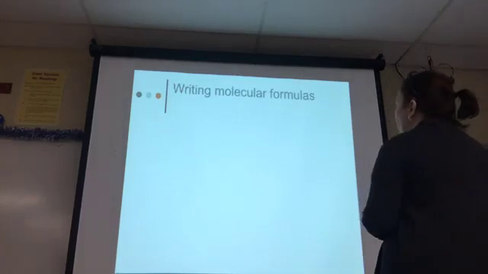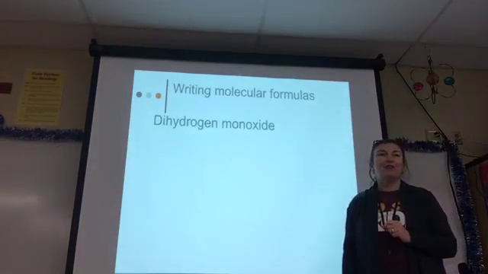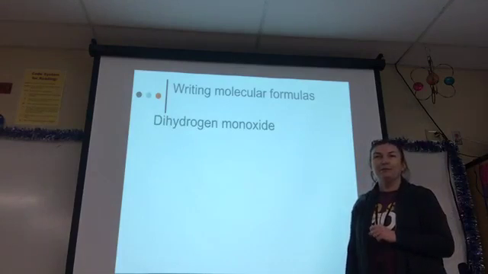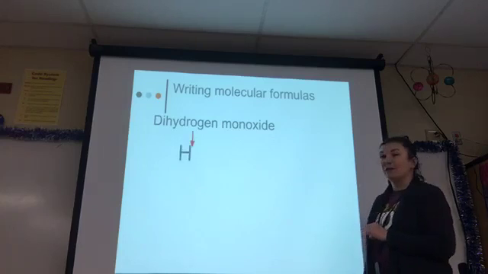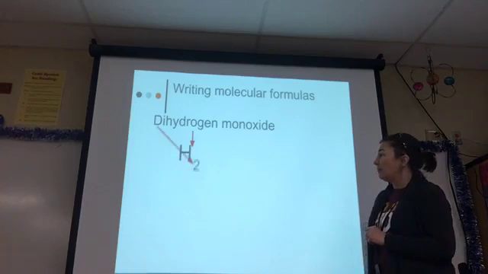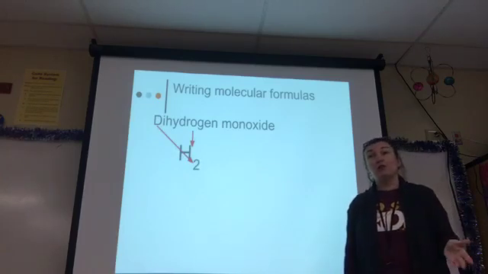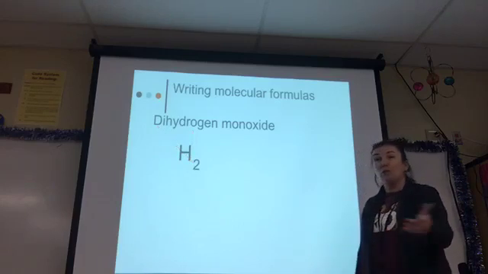So let's write a formula first. If I've got dihydrogen monoxide, what does di mean? 2. What's hydrogen symbol? H. It means I have two H's. Dihydrogen, just like a bicycle means two wheels. And you've got 1 O. Mono means one.